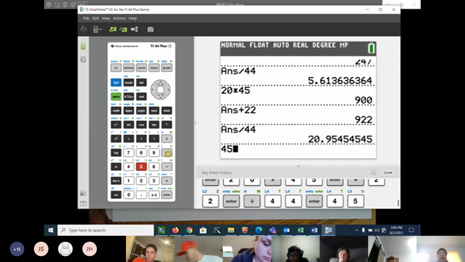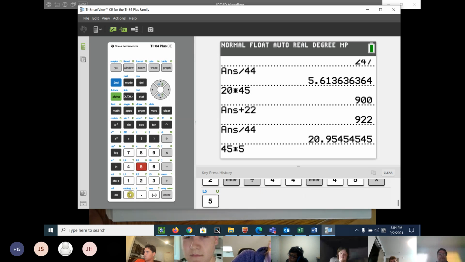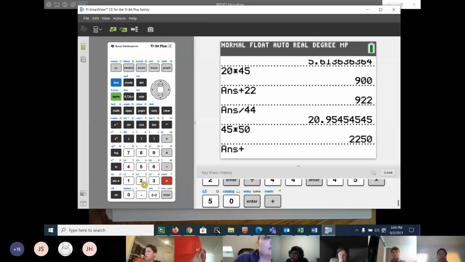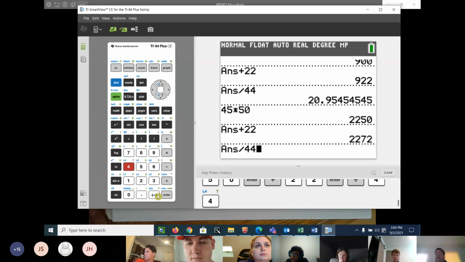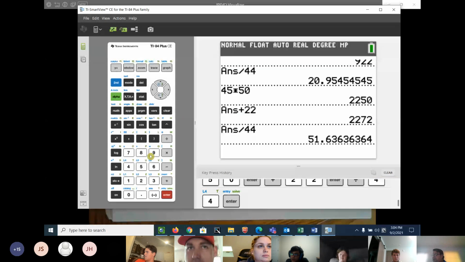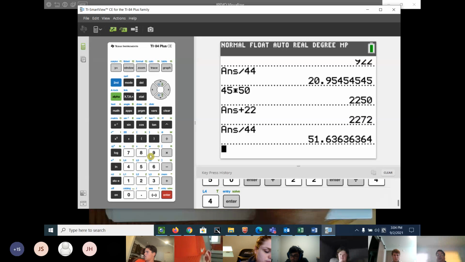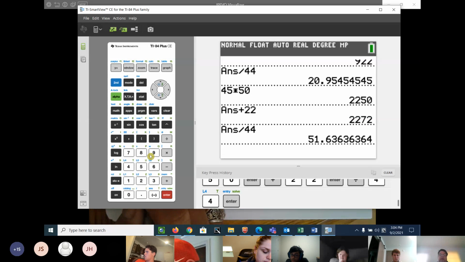It's going to take you 51.64 feet to react, to hit the brakes. And that's not even counting the skids. There's another formula for the skid marks that tells you how fast you're going or how long it will take you to stop after you hit the brakes.